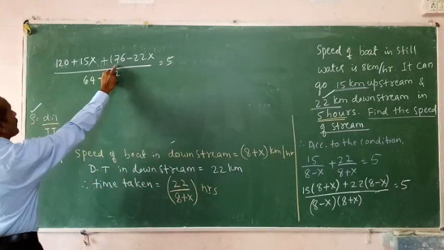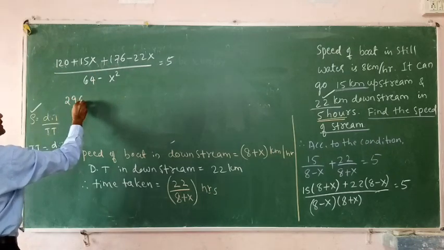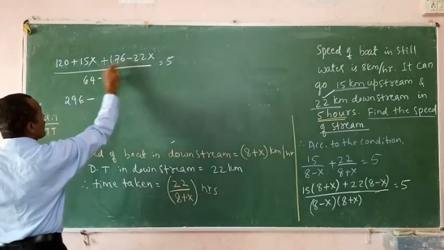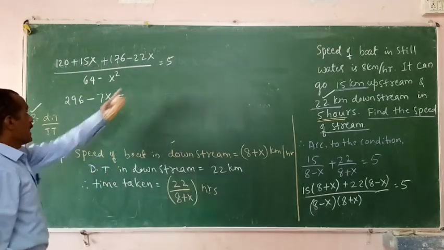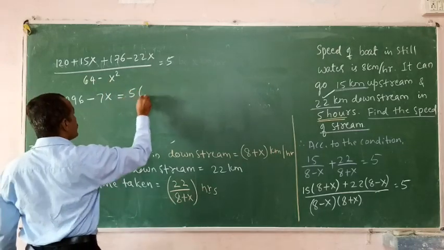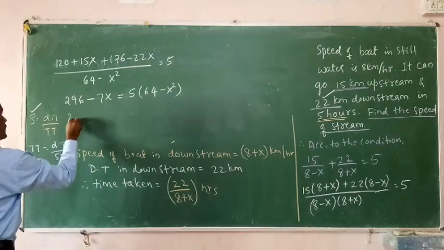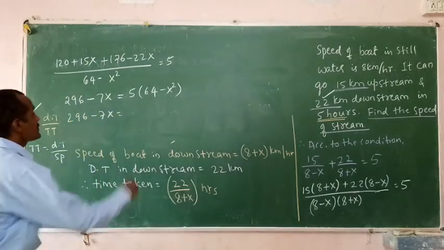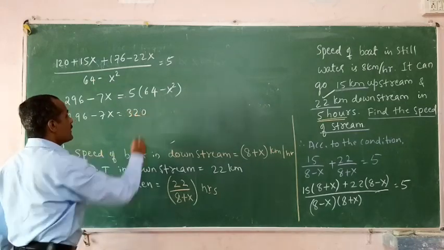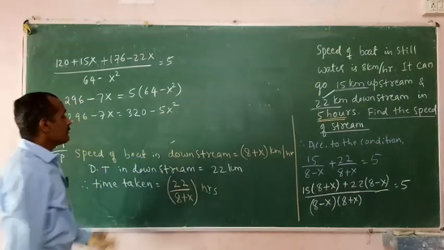Simplify. 176 plus 120 is 296, minus 7x is equal to, I will cross multiply, 5 into 64 minus x square. 296 minus 7x is equal to 320 minus 5x square.